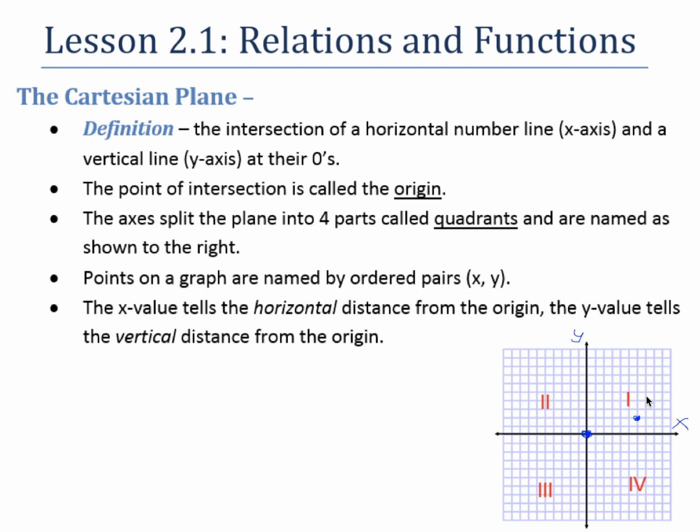So that point would be the point (6, 2). And remember, these are number lines, so these are your positive x values over here. These are your negatives. And then for the y-axis, your positives are up here, and then your negative y values are down here.